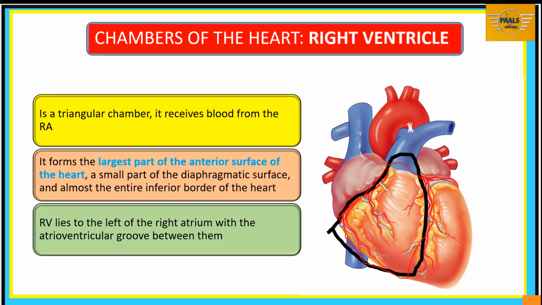Now, this chamber lies to the left of the right atrium. Here is a right atrium, and then we can see the right ventricle lying to its left. Now we see this groove, the coronary sulcus, separating both chambers.